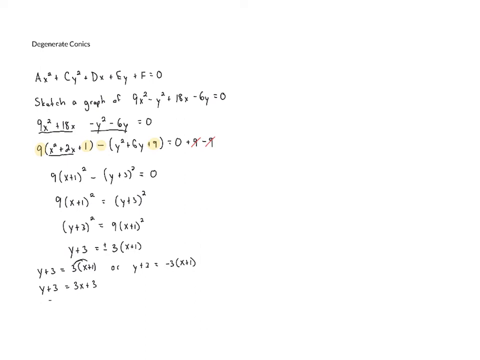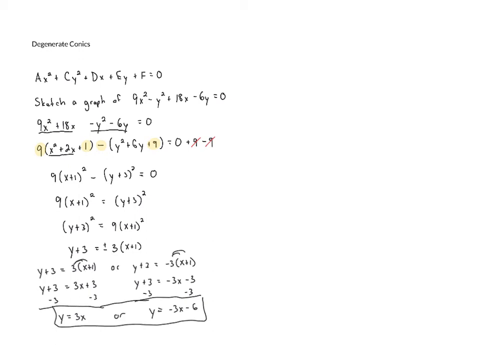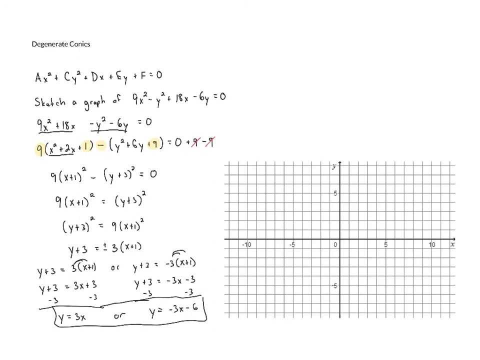And if we subtract 3 from both sides, this gives us y equals 3x. Now for the other one, if we distribute the negative 3, we get y plus 3 equals negative 3x minus 3. And if we subtract 3 from both sides, we get y equals negative 3x minus 6. And so our solution is actually going to consist of two different lines.